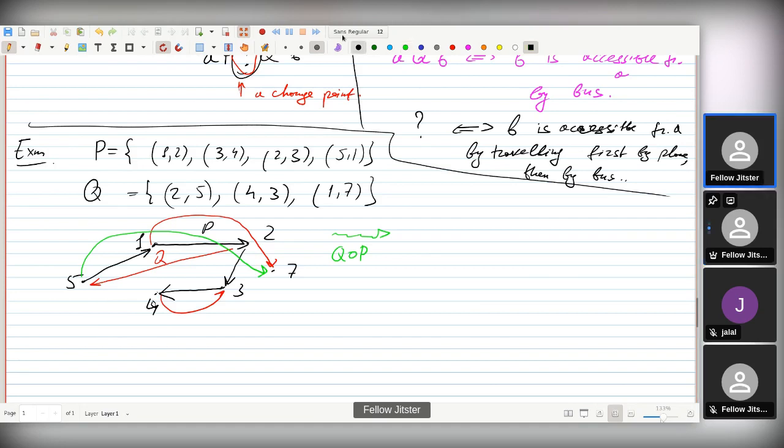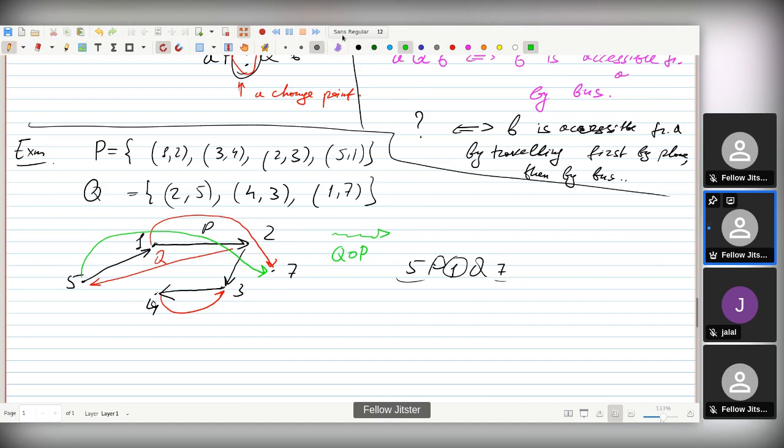Yes. Look, we have 5 P 1 and 1 Q 7. So this is our change point. So there is a composition arrow from 5 to 7.